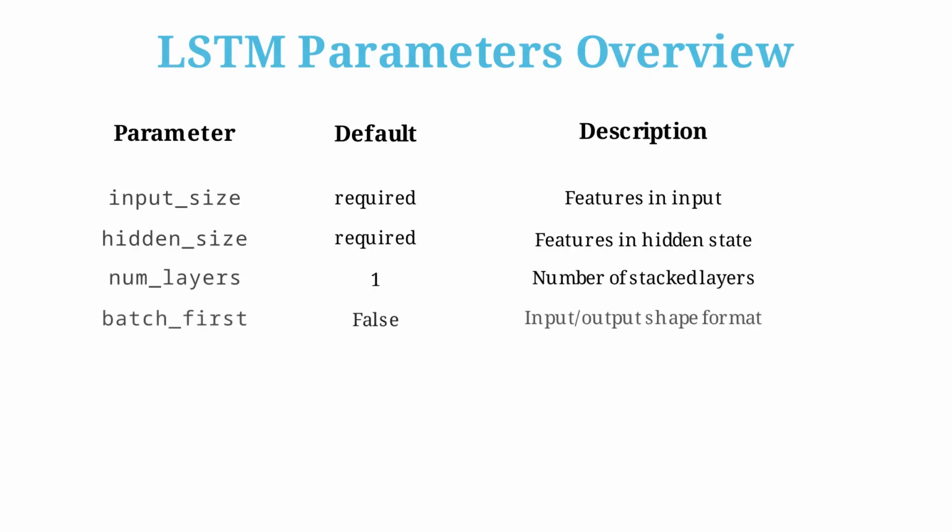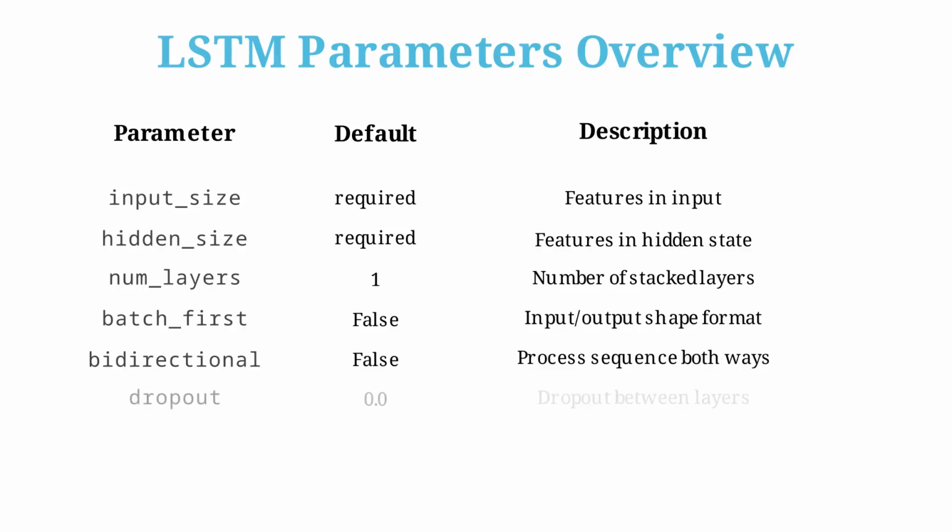Dropout adds regularization between layers, but note it only works when you have more than one layer. Bidirectional processes sequences in both directions, effectively doubling your output size. And projection size can reduce the dimensionality of the hidden state for efficiency. Each of these parameters significantly affects how your model processes sequences.